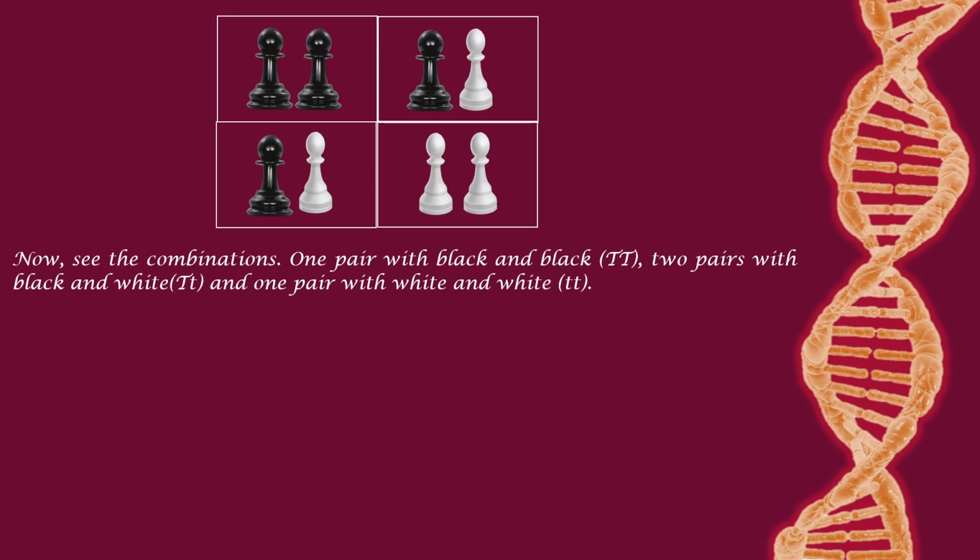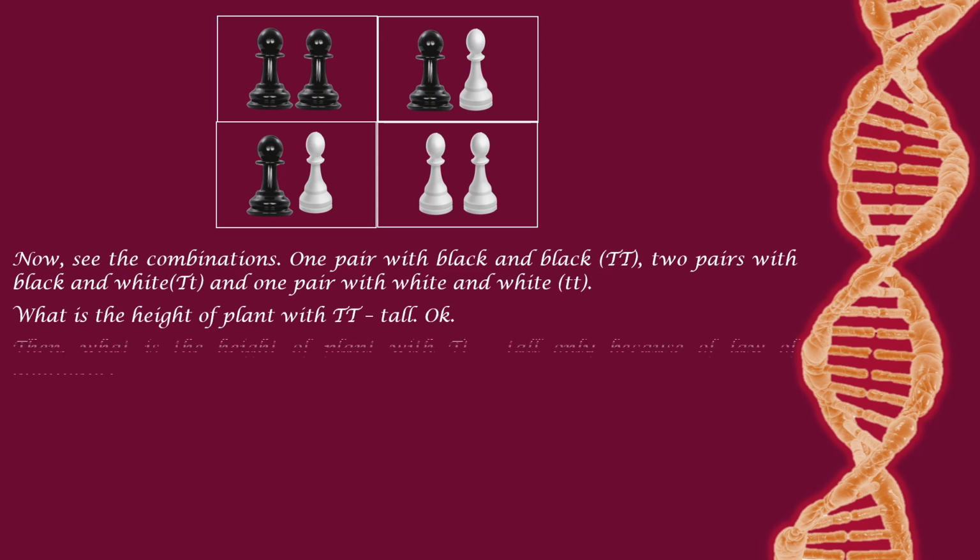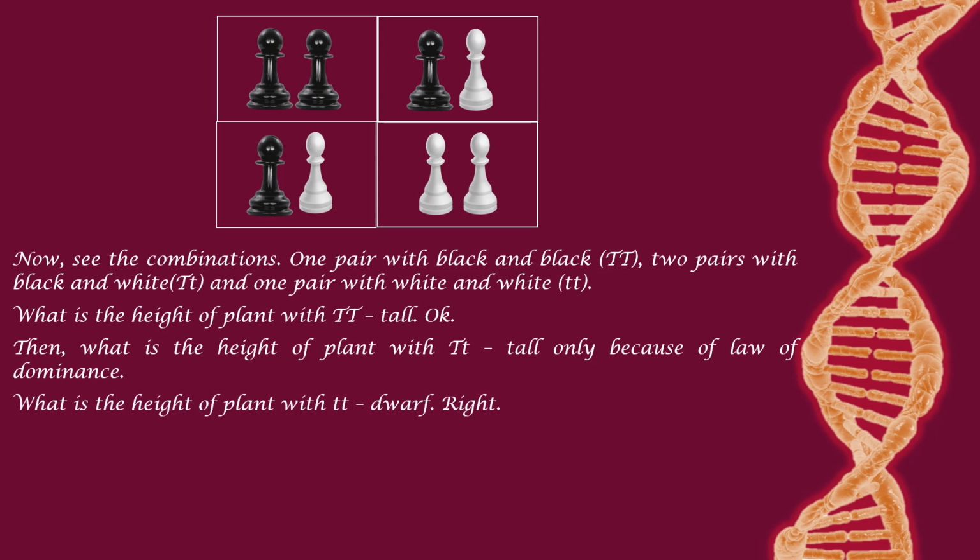And one pair with white and white, small t, small t. What is the height of the plant with capital T, capital T? Tall, right? Okay. Then what is the height of the plant with capital T, small t? We know it is also tall because of the law of dominance. Then what is the height of the plant with small t, small t? Dwarf.